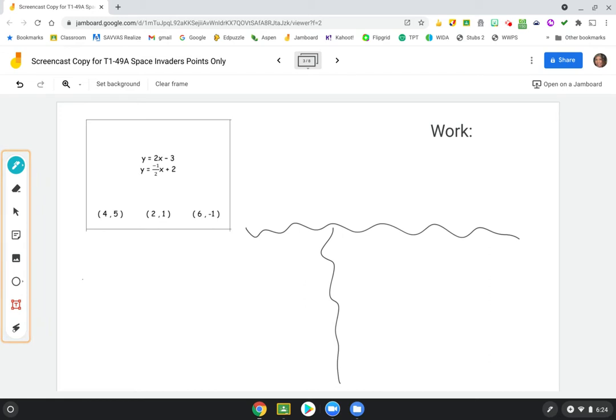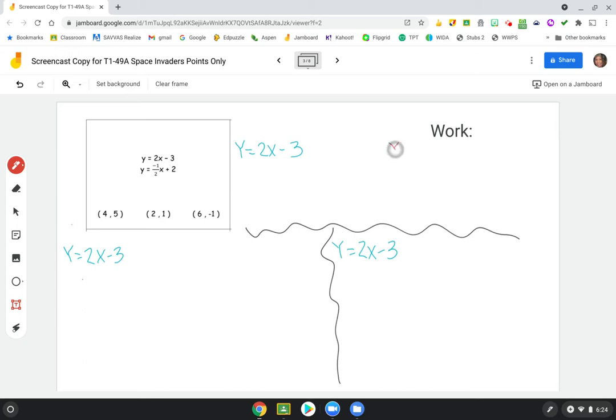I'm going to write each of the equations 3 times because I have 3 points to test. So I have y equals 2x minus 3 three times, and then y equals negative 1 half x plus 2 three times. Notice I shrunk down the box where the system of equations and the points are, to give me a little more workspace.